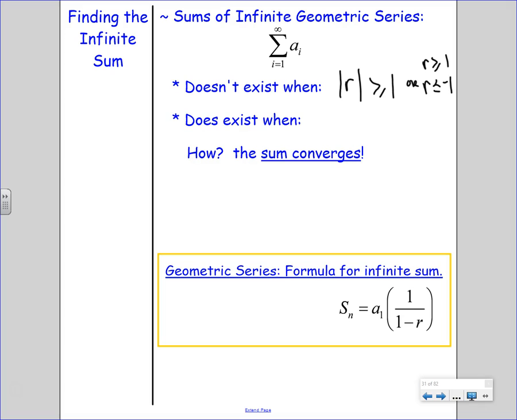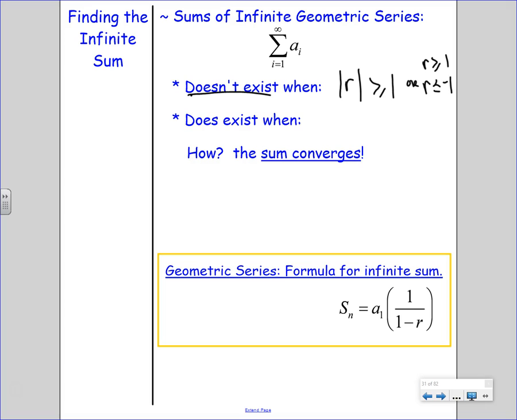The absolute value says, hey, this works for positive numbers greater than or equal to 1. This works for negative numbers less than or equal to negative 1. Whenever the magnitude of the number is bigger than 1, 1.1, negative 1.1, 1.5, negative 1.5, there will be no sum, no infinite sum.